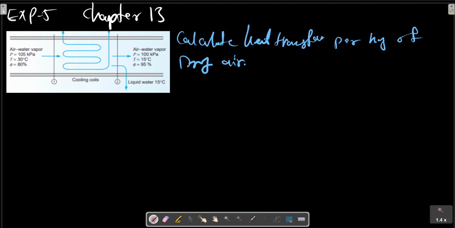Assuming that changes in kinetic and potential energy are negligible.